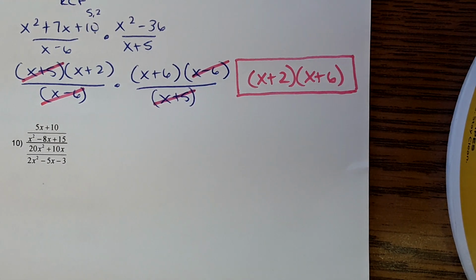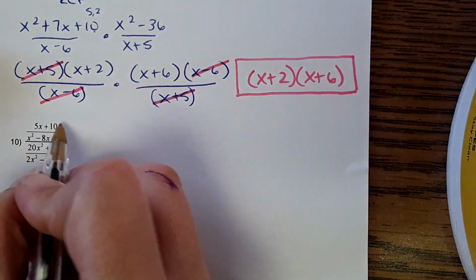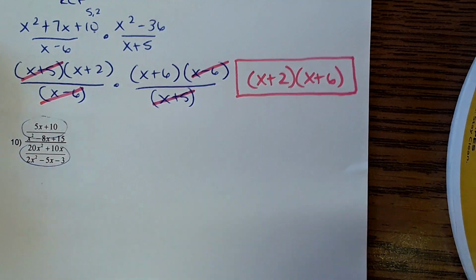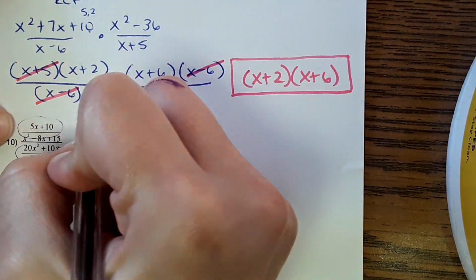And number 10, as you can see, it's kind of like a challenge one. It would be all of this divided by all of this. So we're going to write it out like that.